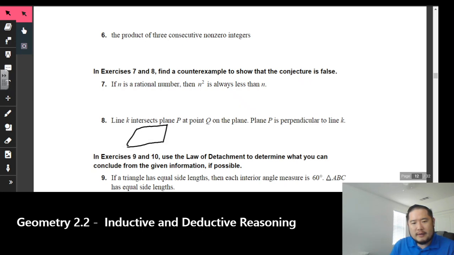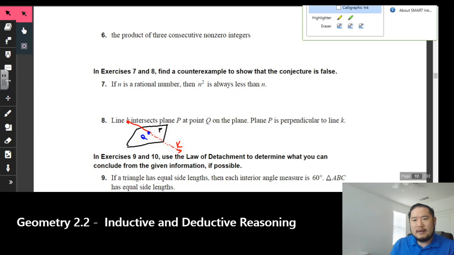This is plane P. And plane P is perpendicular to line K. Well, if I'm going to make a counterexample, I'll go ahead and make line K right here going a little sideways, right? I'll have it going diagonally. It intersects right here at a point Q. Well, it's not perpendicular. There's our counterexample.